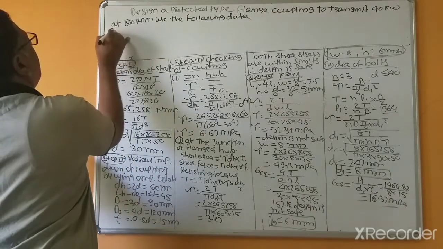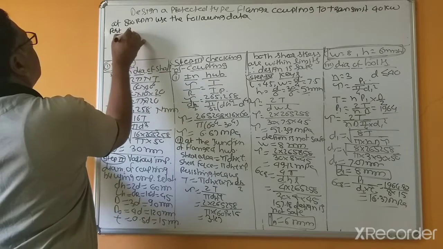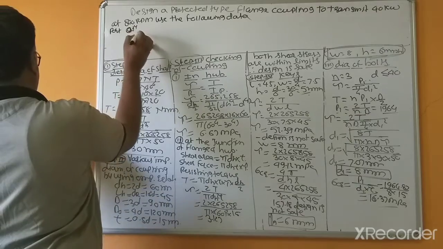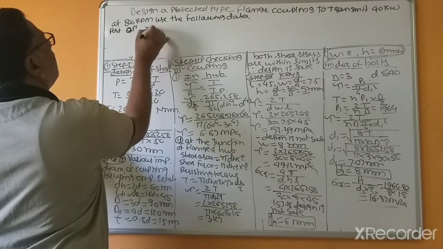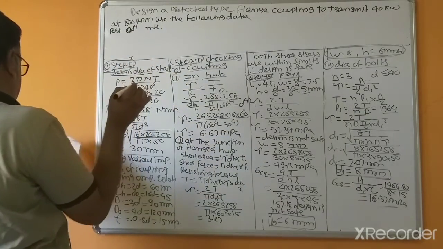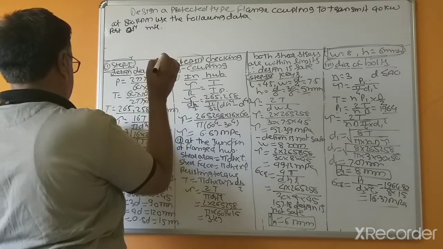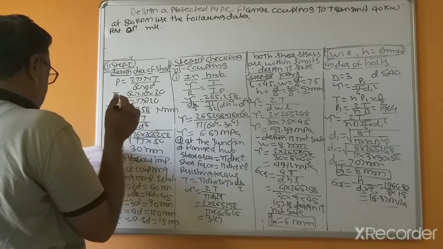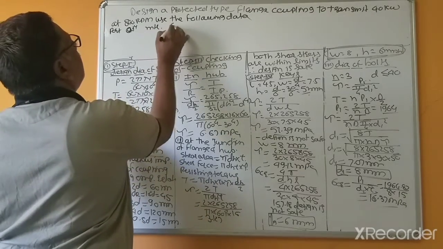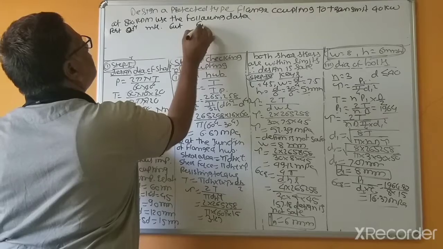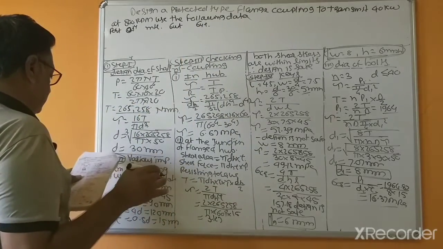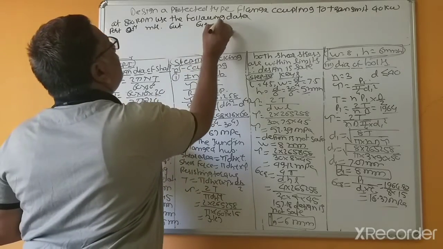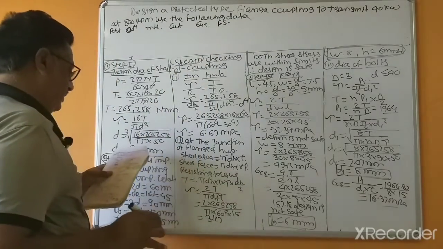Part number, part, quantity, material, sigma ut, sigma yt, and factor of safety. This is given.